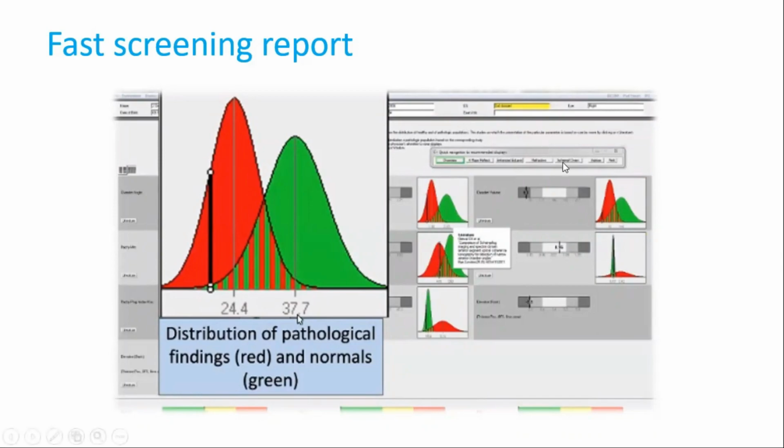If the black line lies in the extreme right or left dark gray zones, it indicates that the value is abnormal and is away from the normal population by two standard deviations. If it is in light gray, it is also abnormal but borderline, which is one standard deviation away from the normal population.